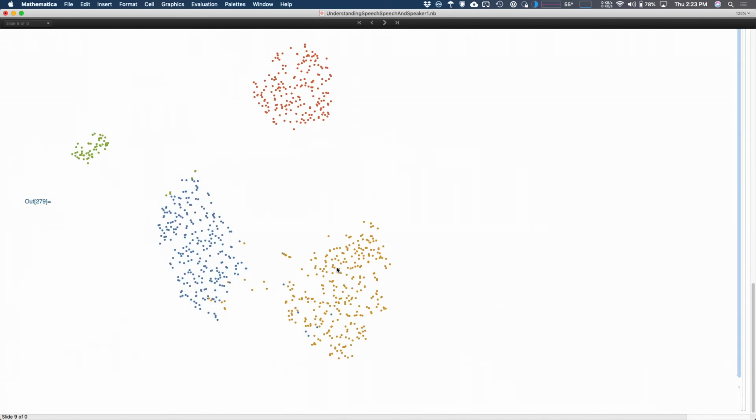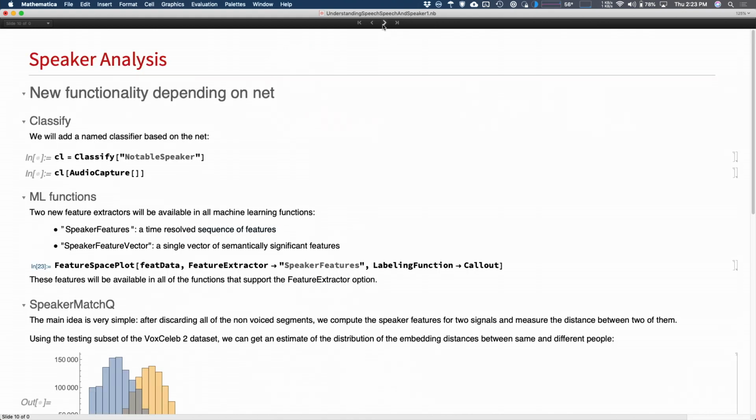version of the features, which gives us a foothold onto the speaker diarization problem, which is, given a single recording, we want to know who spoke when. Of course, if we get only one feature vector per recording, this clearly has no hope of working. But if we return a sequence of features, we can try to cluster it.